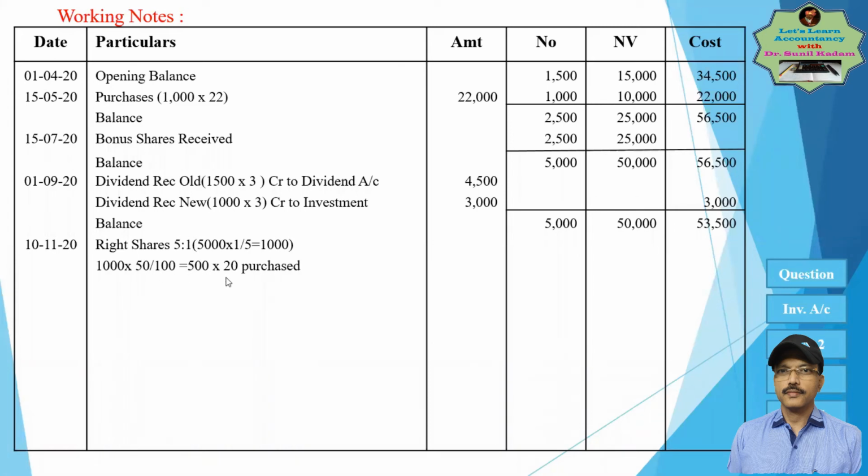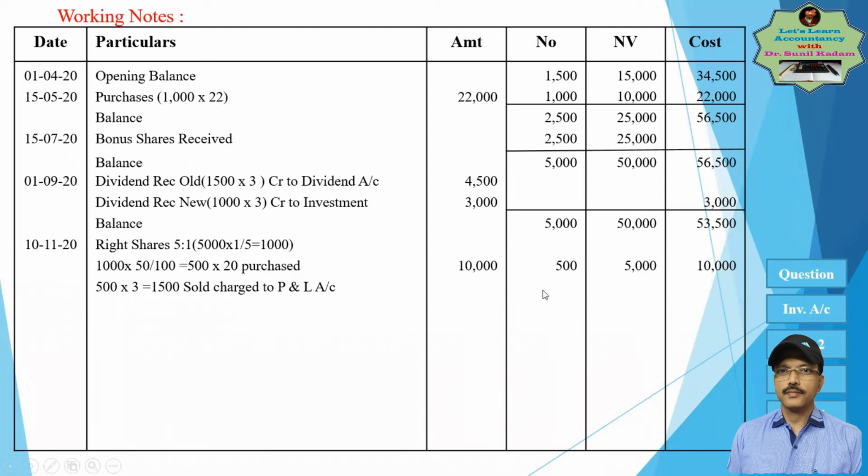The 500 into 20 rupees is the purchase price, so the amount comes 10,000, and that amount is the cost for 500 shares. So number of shares purchased 500, nominal value 5,000, because face value is 10, and the cost is 10,000. The remaining 500 shares have been sold at the rate of rupees 3 per share, sold to the market.